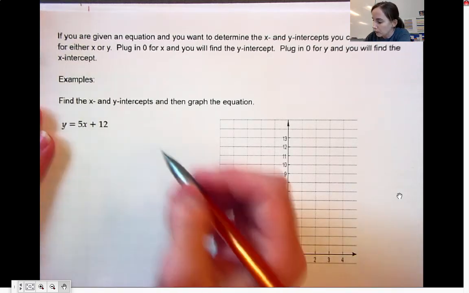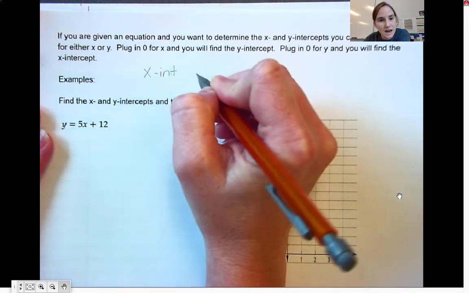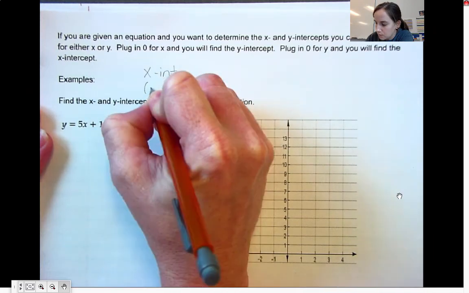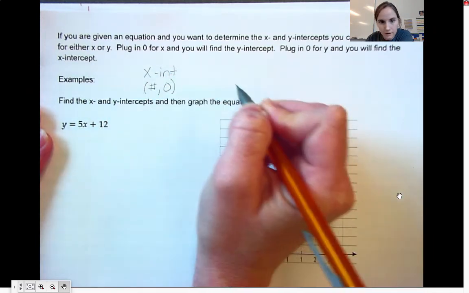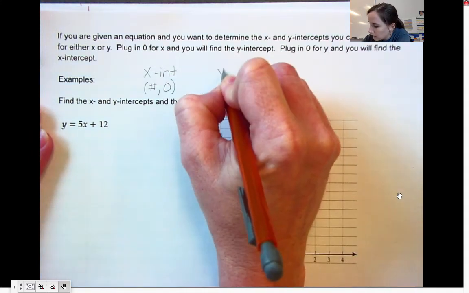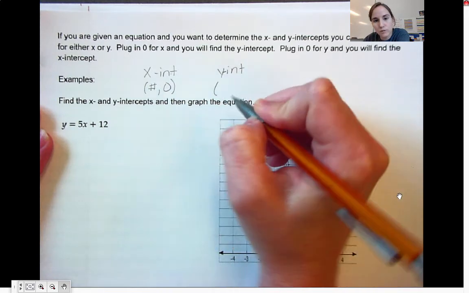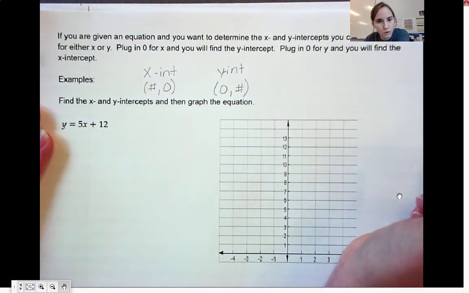So remember that the x-intercepts always have a 0 as their y-coordinate. So you would have some number for the x value, but 0 for the y. And then the y-intercept always has a 0 for the x and some number for the y value in the ordered pair.